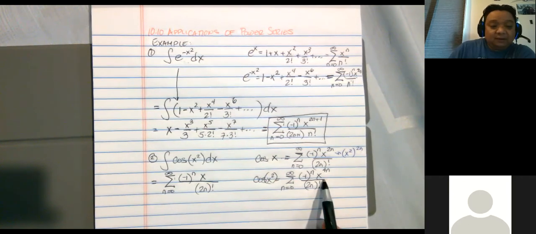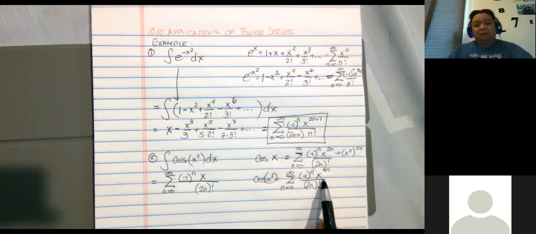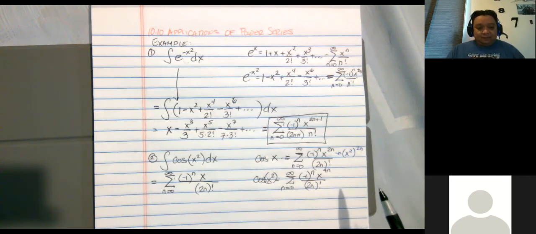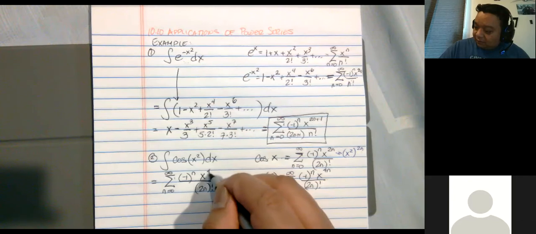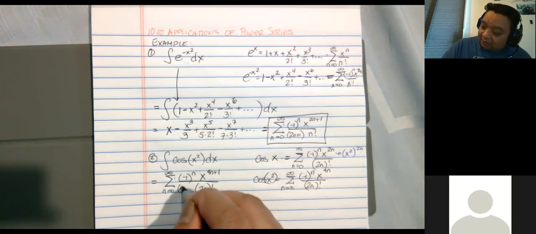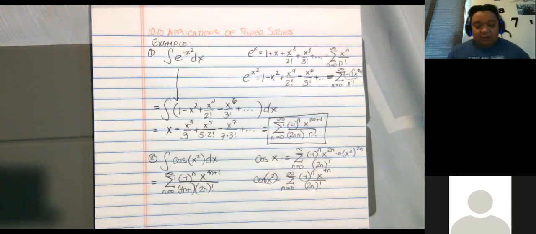When you integrate, using your power rule, the power would be 4n plus 1, and then you divide by that new power. So 4n plus 1 will go to the bottom.